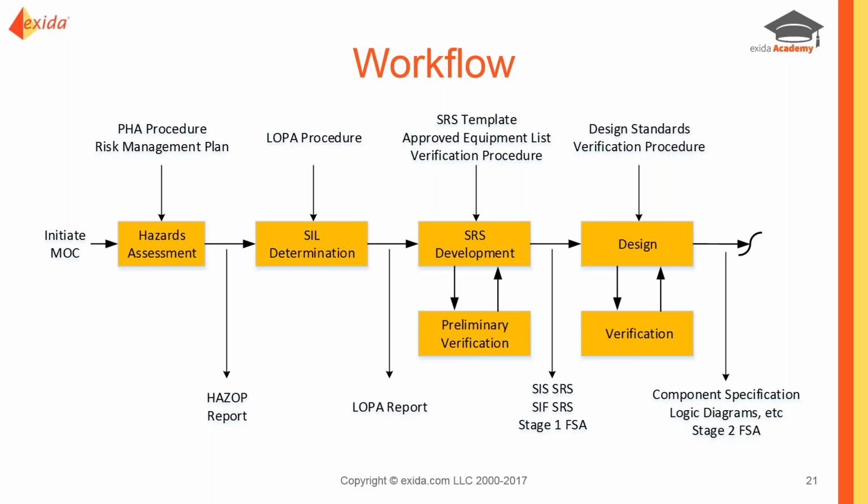We're going to use our core procedures, such as the PHA or HAZOP and the risk management plan, apply those to that hazard assessment, and then the output is our HAZOP report that has identified our hazards. That report is part of our permanent documentation, but its content also feeds into the next step of our life cycle as an input into SIL determination.